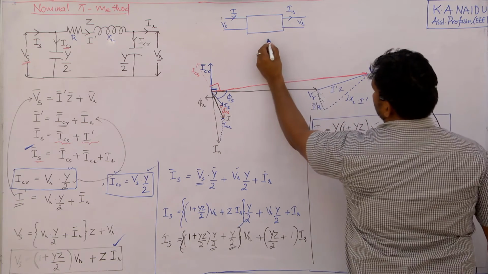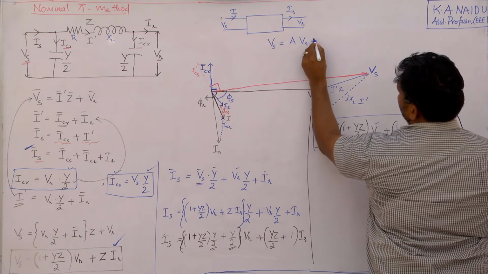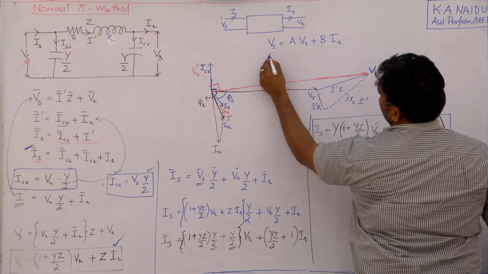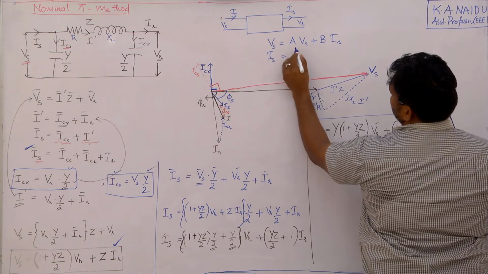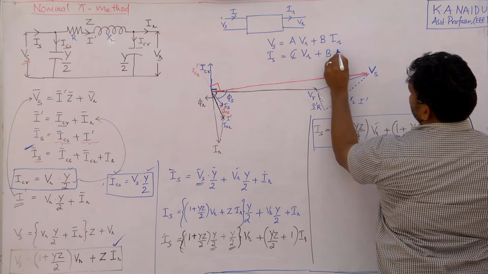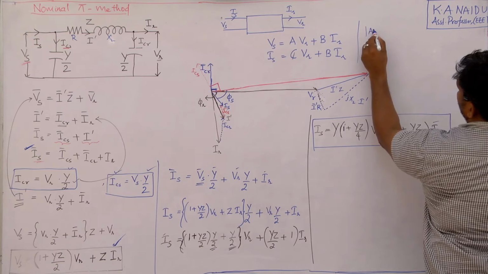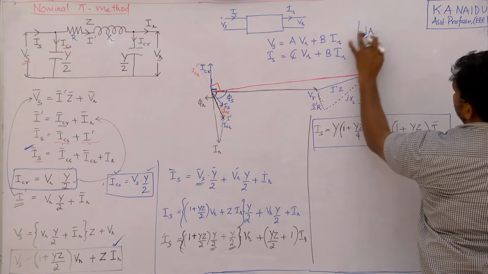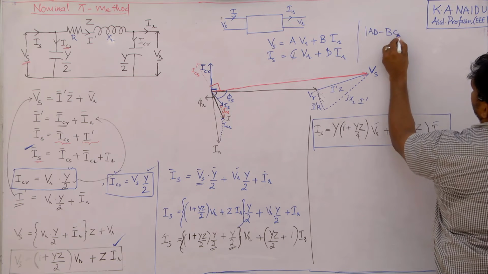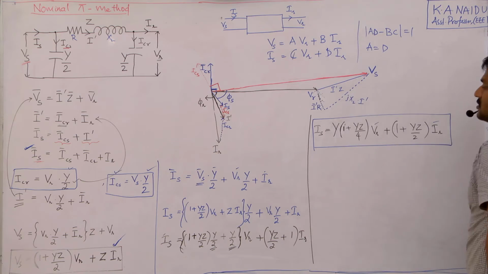We have seen that Vs can be written as A into Vr plus B into Ir, and Is is equal to C into Vr plus D into Ir, and it should satisfy the condition that the determinant AD minus BC must be equal to 1 and A must be equal to D.